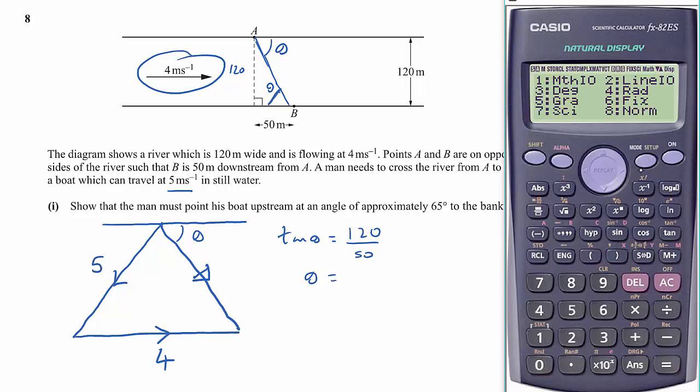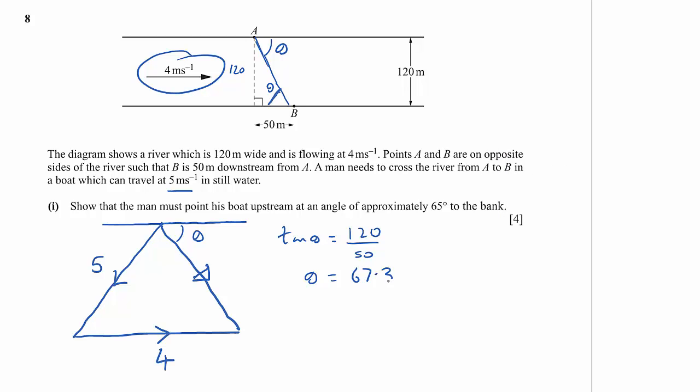Just going to check my calculator mode, make sure it's in degrees. And so we need the inverse tangent of 120 over 50, and that's going to be 67.38 degrees. And of course, this angle here is also theta because we've got Z angles just there.